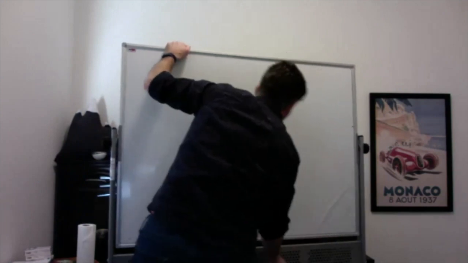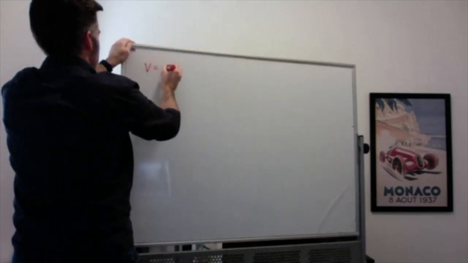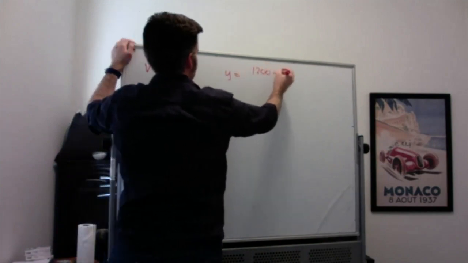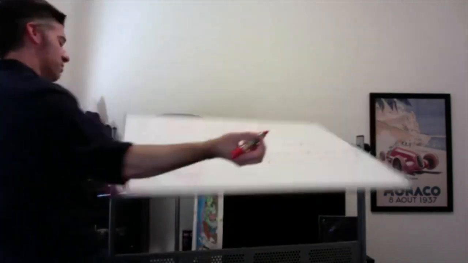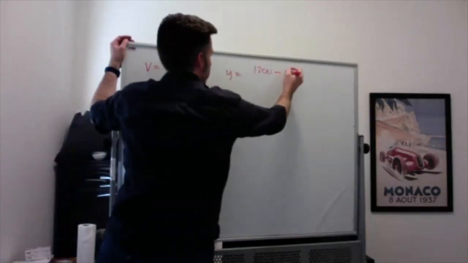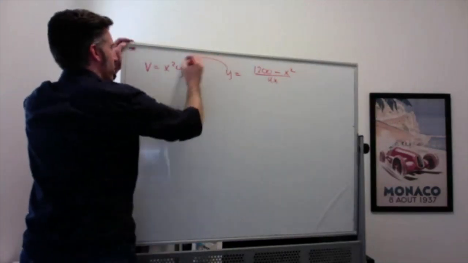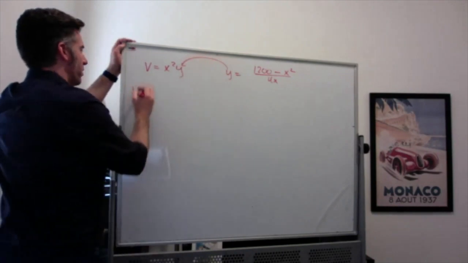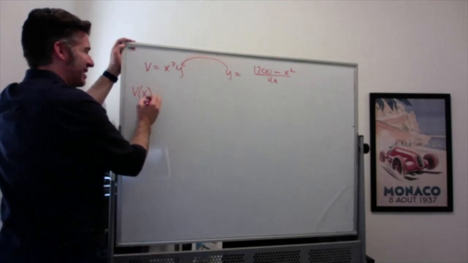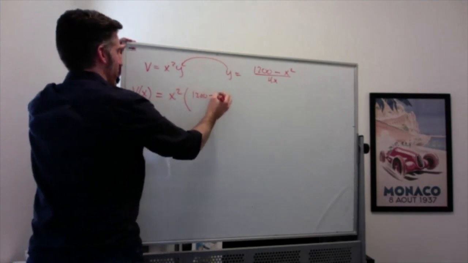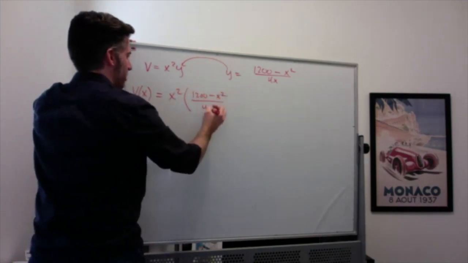So our volume is x squared times y. And now we also know that y is 1200 minus x squared over 4x. And then we're going to plug this in for y right there. So volume now as a function of just x is x squared times 1200 minus x squared over 4x.